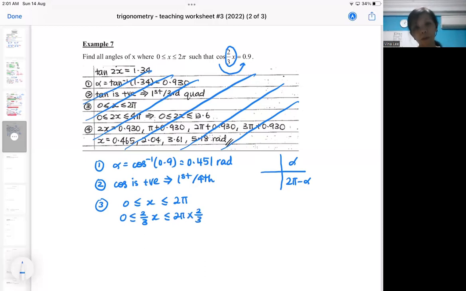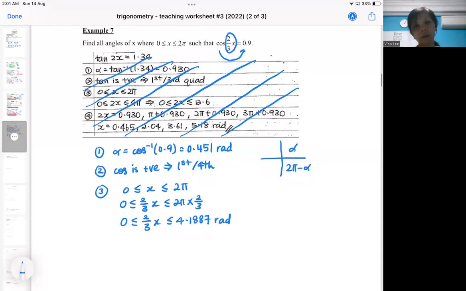Zero multiplied by 2/3 is 0. So you just try to multiply by 2/3. So after you multiply by 2/3, you can punch the calculator. You punch your calculator, you realize that you are restricted to 4.1887 radian.